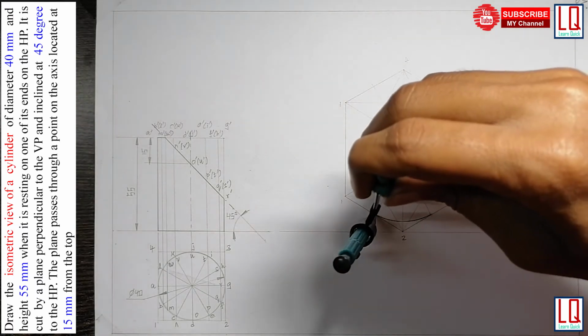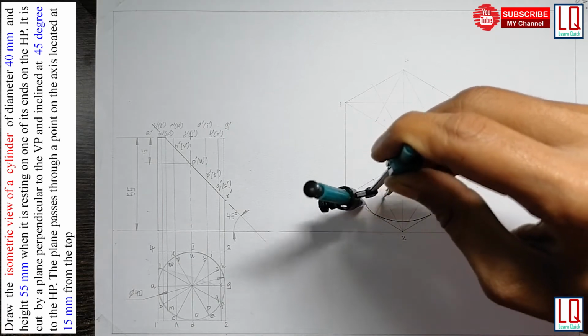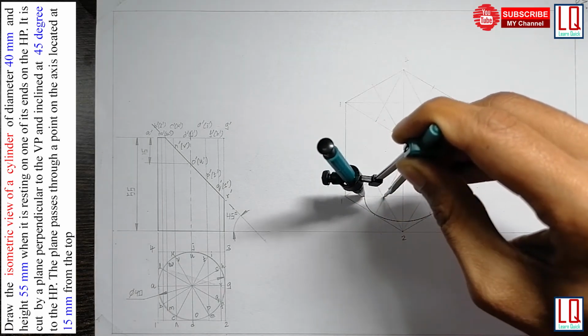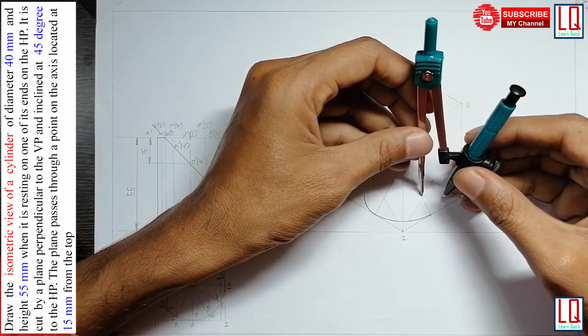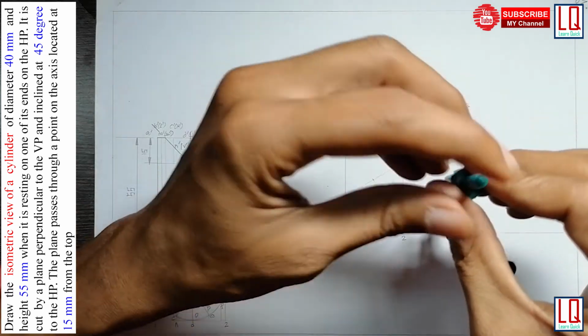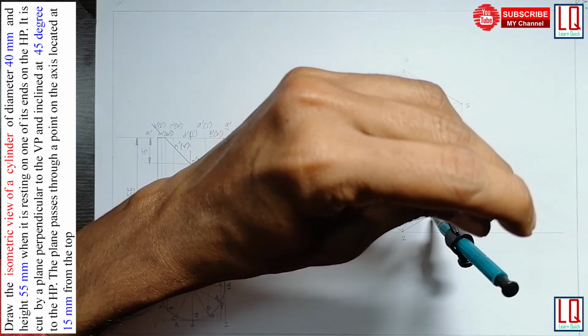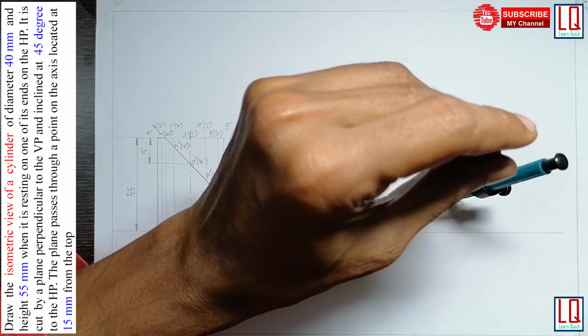So focus the compass and draw till the line joining 1 and 3. Similarly here, focus the compass and draw till the line joining 1 and 3.